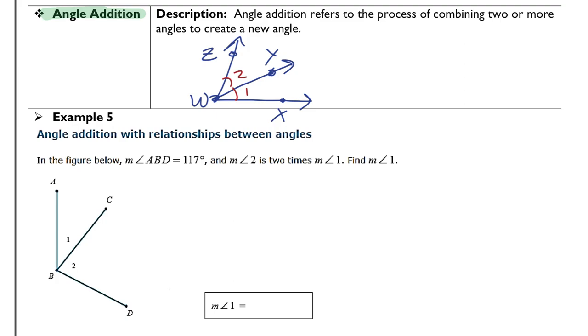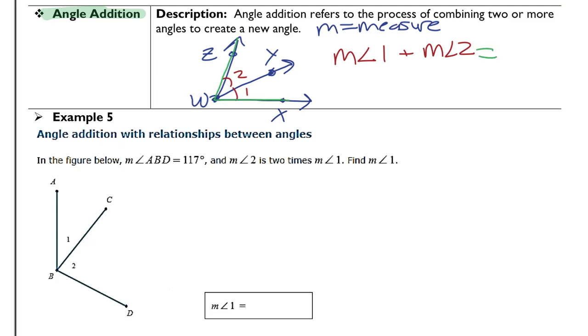So what we can do is just say that the measure, and we're going to use M for measure, of angle 1 plus the measure of angle 2. So again, M equals measure. And we'll use that for writing out the measure of angle 1 plus the measure of angle 2. If I put those two angles together, it is this full angle here.